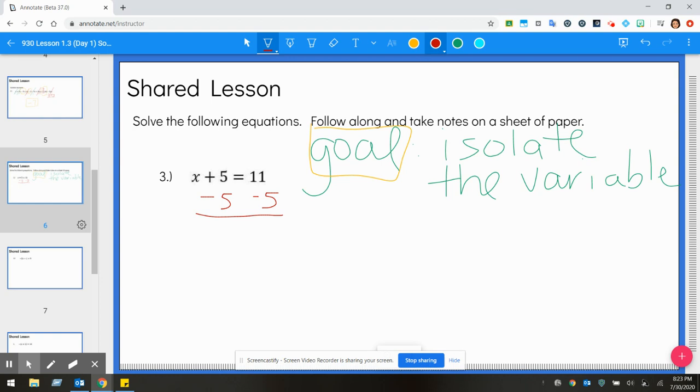So right here, I have x left on the left-hand side. 5 minus 5, that actually cancels out, equals 11 minus 5 is 6. Don't forget, what's nice is you can always go back and check that solution to make sure it is correct. 6 plus 5 does equal 11, and I know that I did this problem correctly.